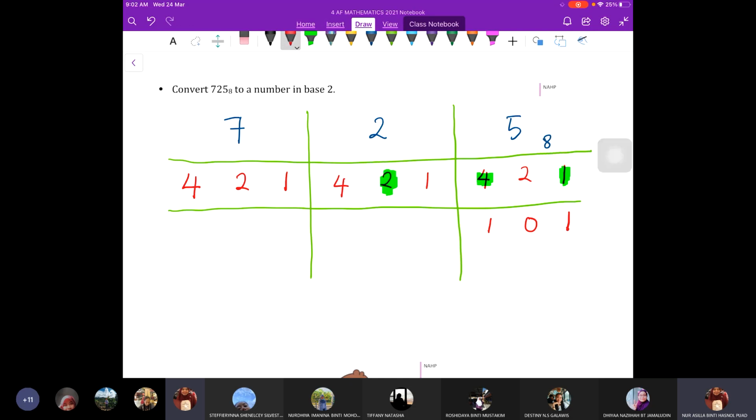Hence, saya punya base 2 will be 0, 1, 0. Second block. Third block saya perlukan semua sekali sebab saya nak dapatkan 7. So this will be 1, 1, 1. So base 2 akan jadi 1, 0, 1, 0, 1, 0, 1, 1, 1 base 2.